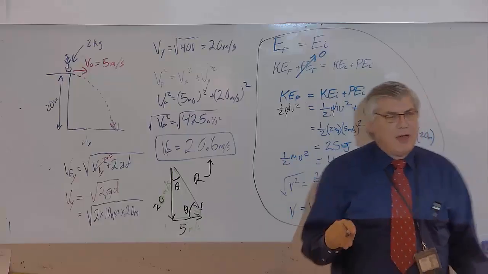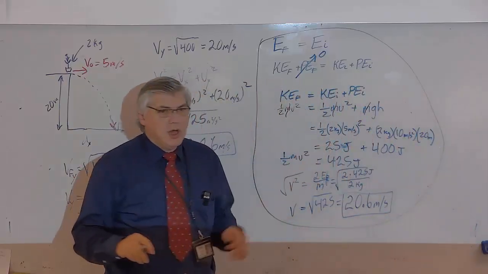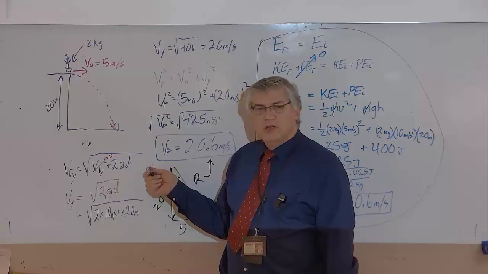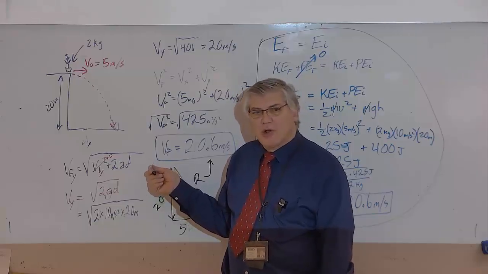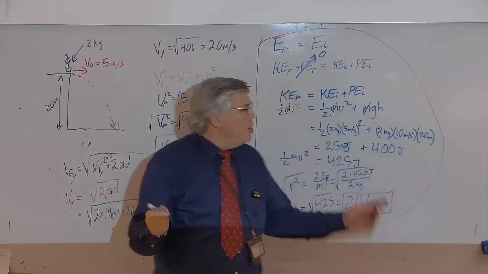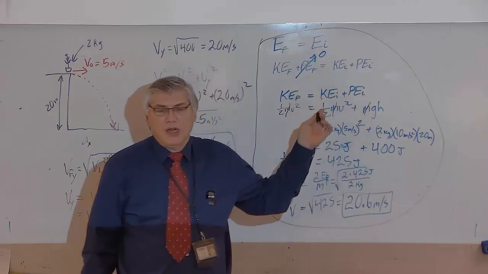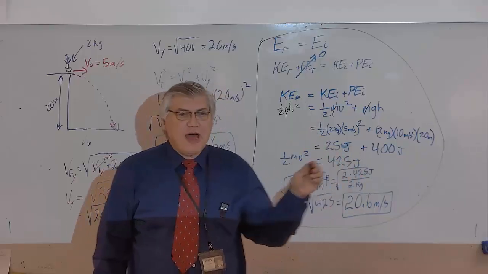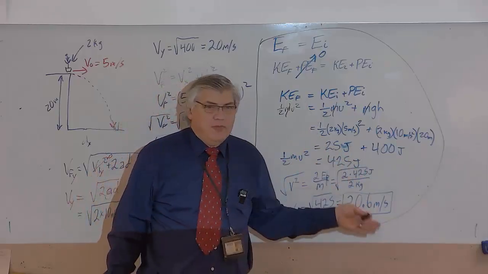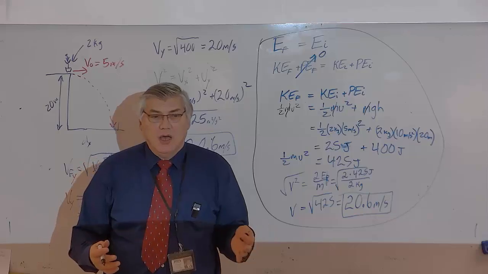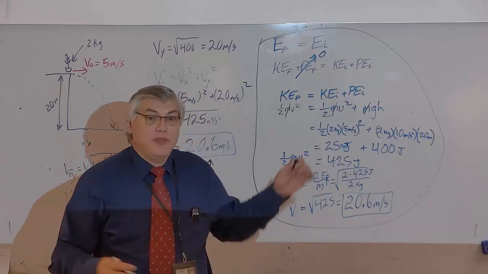I can't do that with energy because unlike this velocity here, which is a vector quantity, energy is not a vector quantity. It's a scalar quantity. So when I solve for the final velocity, I can't really determine the direction with the energy equations.